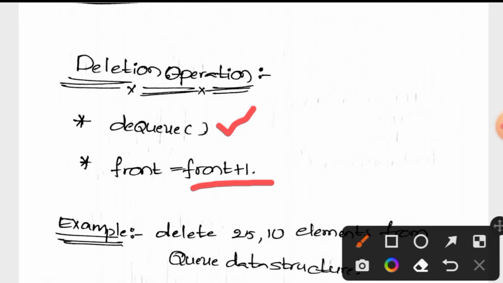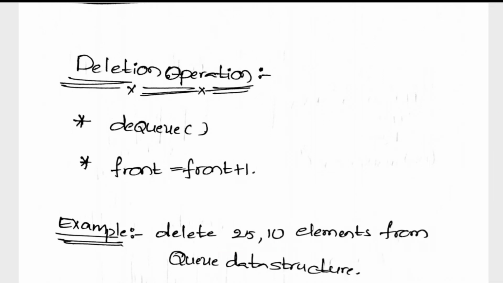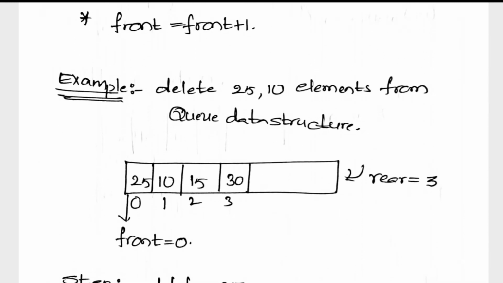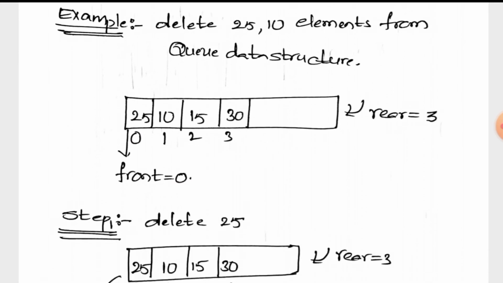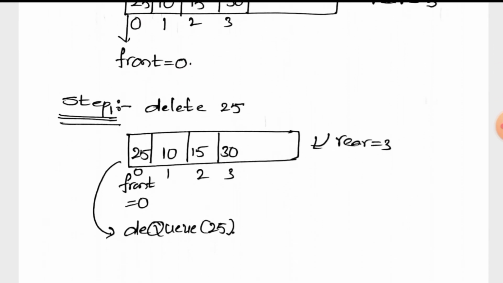So in this example we are going to delete the 25 and 10 elements from the queue data structure. In the queue data structure there are 4 elements, that is 25, 10, 15 and 30. So here the rear position is 3 and the front position is 0. So as the first step we have to check the front position.